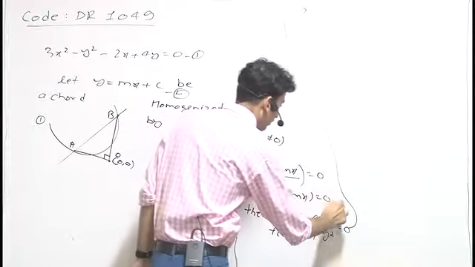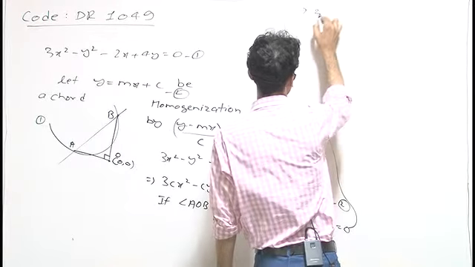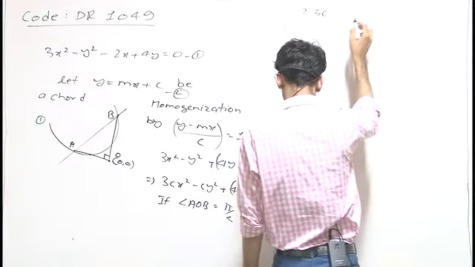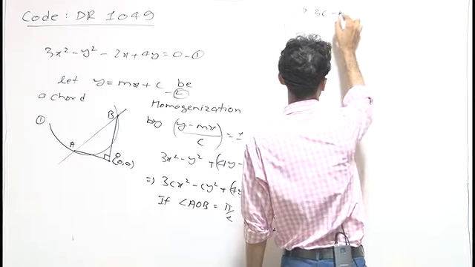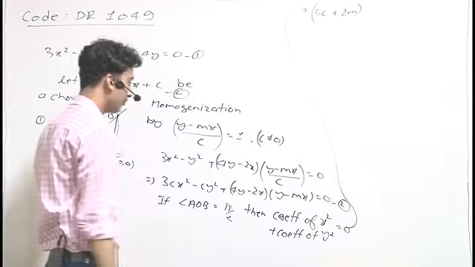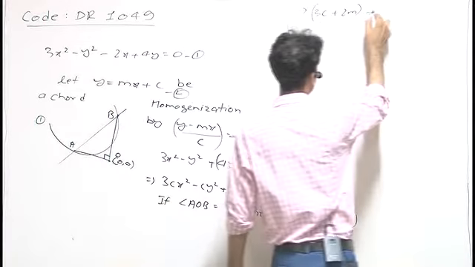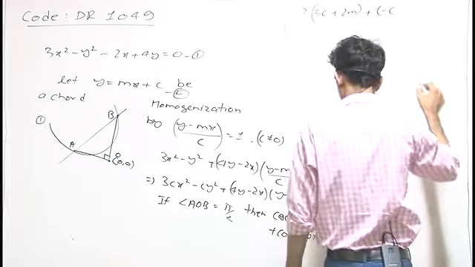So by equation number 2, the coefficient of x squared is 3c plus 2m, and the coefficient of y squared is minus c plus 4.